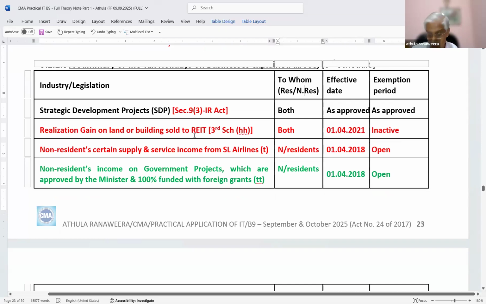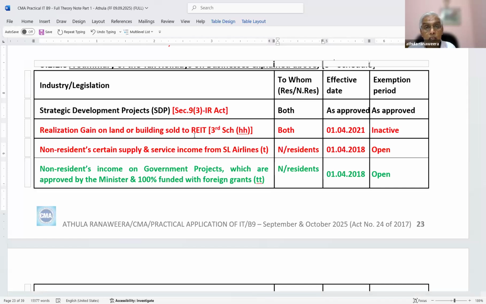Real estate investment trust. Sometime back in 2021, with COVID and all, the government realized a lot of property developers are in a bad shape. And ultimately, the people who have paid advances on property are in a bad shape. By seeing this issue, the government thought they have to do something for this type of investment, because people advance money to property developers.